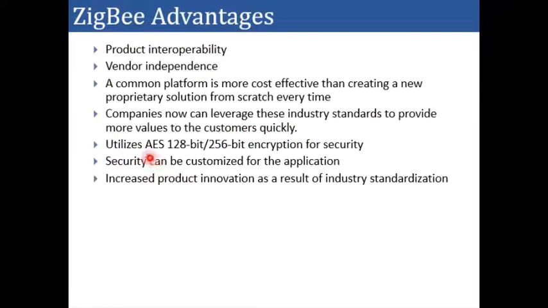It utilizes AES 128-bit and 256-bit encryption for security purposes. Security can be customized, and rather than using the AES 128 and 256-bit encryption offered by the Zigbee stack, you can utilize customized security at the application level also.